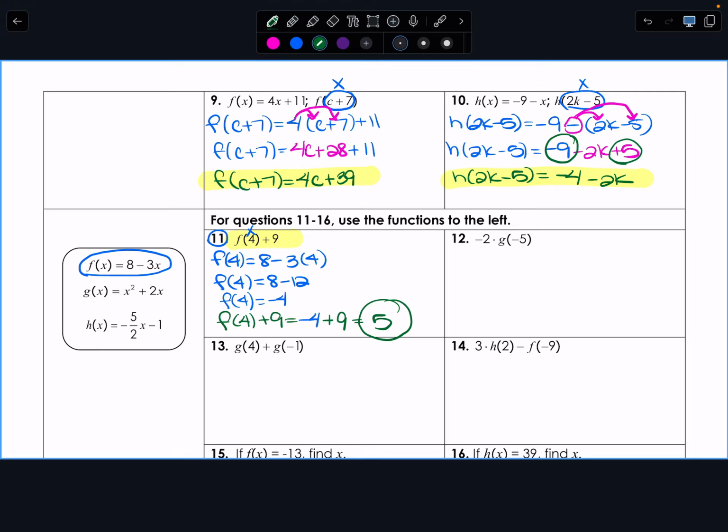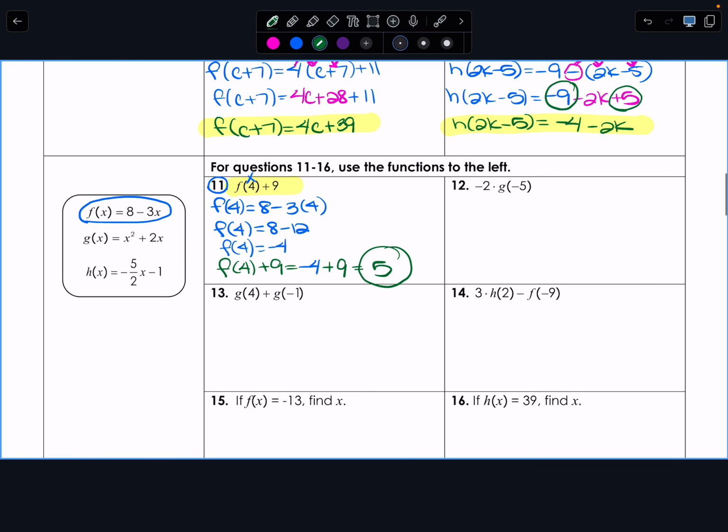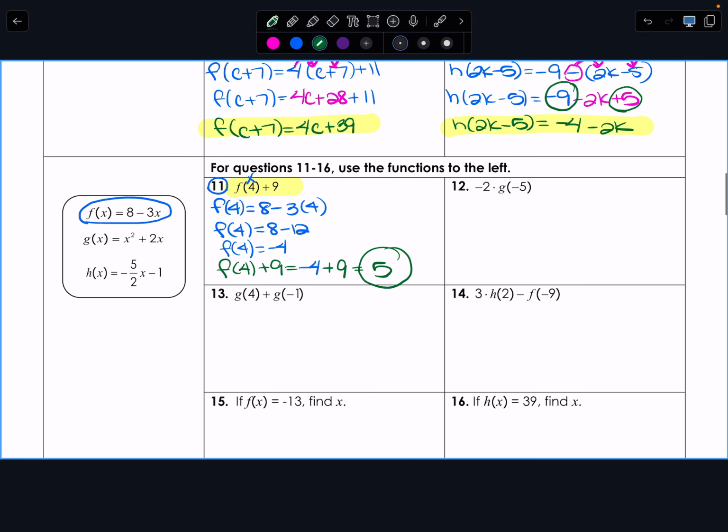So now you're not just evaluating the function, you're doing something else with it. Questions that you guys have?